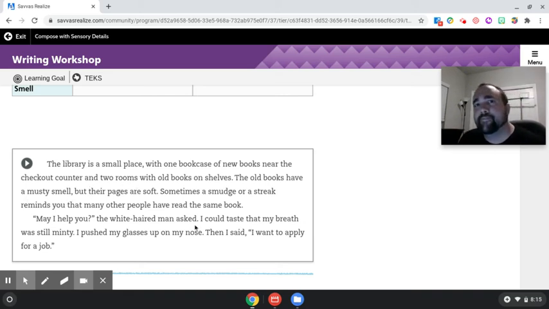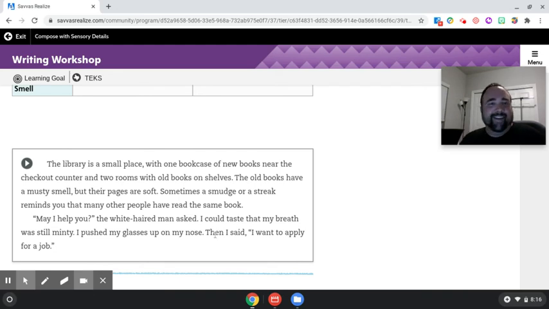Okay. Did we see a sensory detail in there? Did we see a detail that the writer chose to share with us so that we could experience the same thing he did, so we could be in it with him? You saw one?